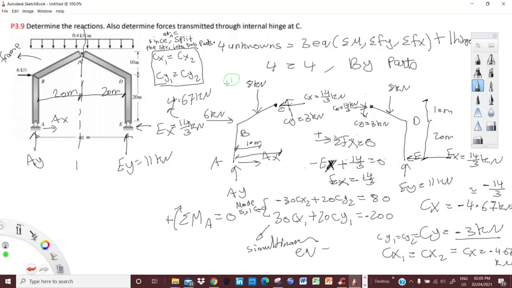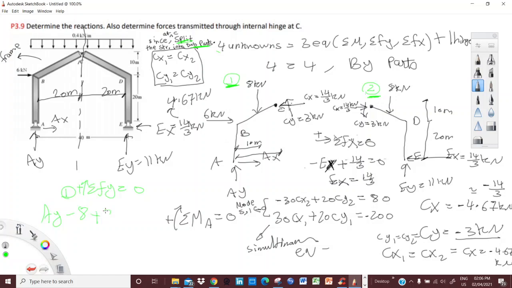Let's assume this is part one and this is part two, since we split into two parts. So in part one, summation of Fy equal to 0, upward positive. So we have Ay, which is upward. Then you have negative 8 kilonewton, which is downward.